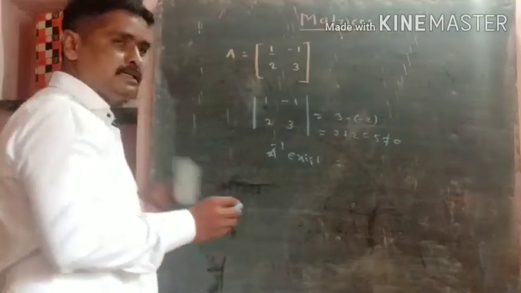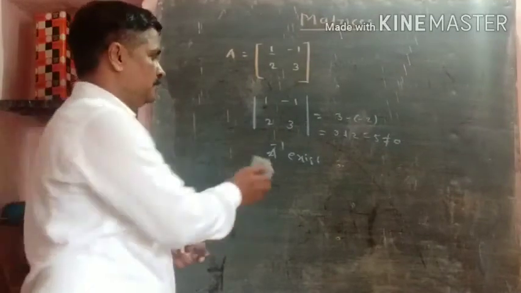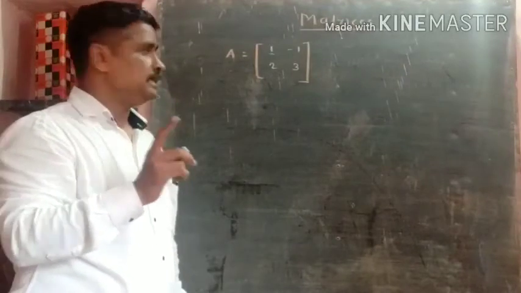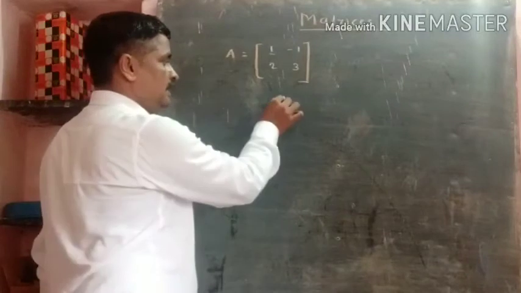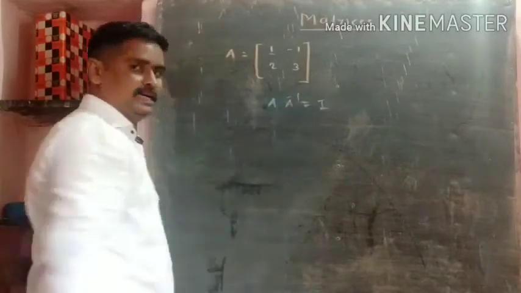Next we have to find the inverse of the matrix. Remember, to find the inverse of a matrix, one equation is A into A inverse equals I.